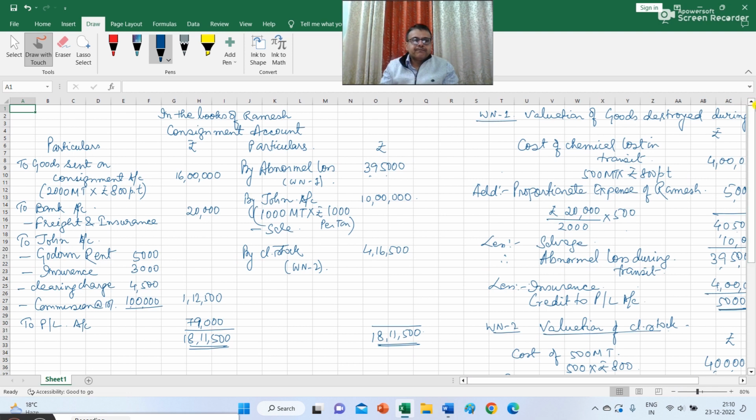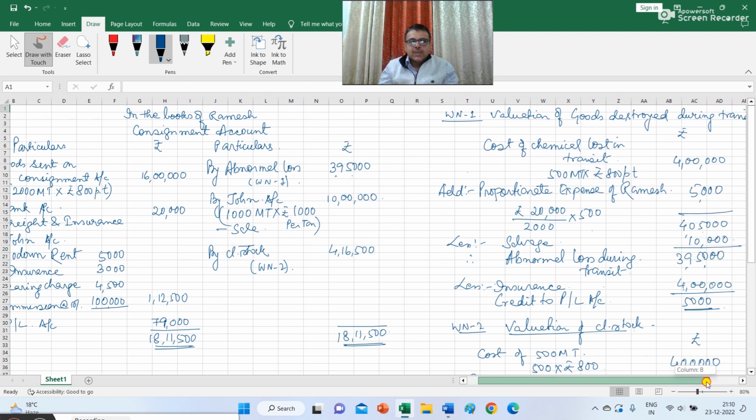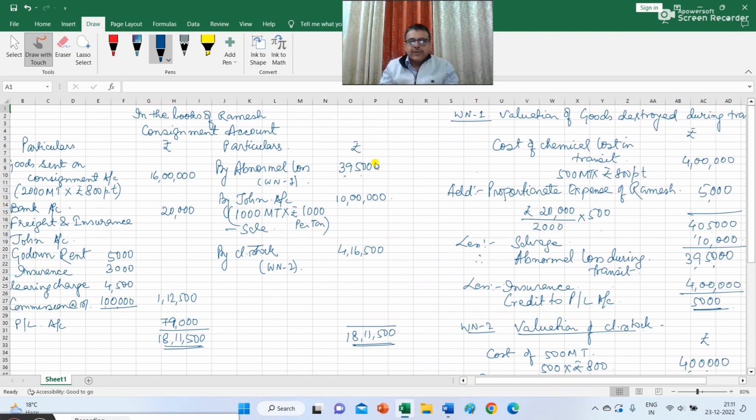You can see on the debit side I have written to goods sent on consignment rupees 16 lakh. Then there was an abnormal loss of 3,95,000. I have shown in working note number 1 how I arrived at this figure of 3,95,000. On the right side you can see the cost of chemical lost during transit is 4 lakh. 500 metric ton multiplied with 800 per ton, you will get a figure of 4 lakh.